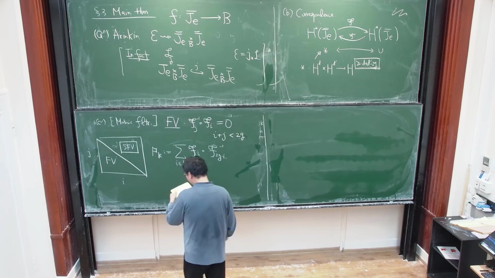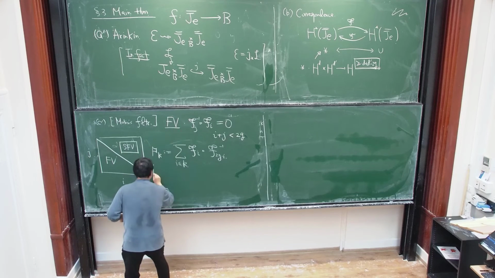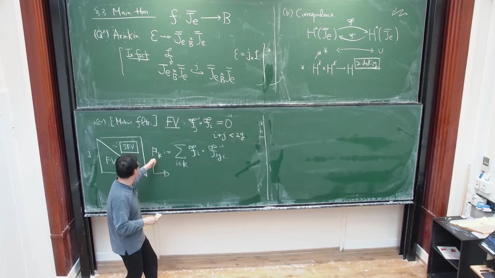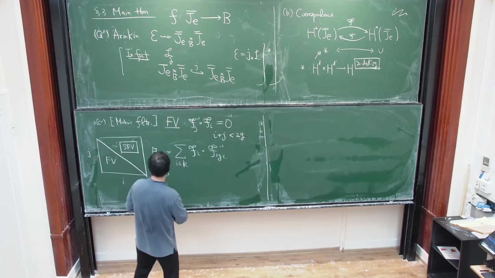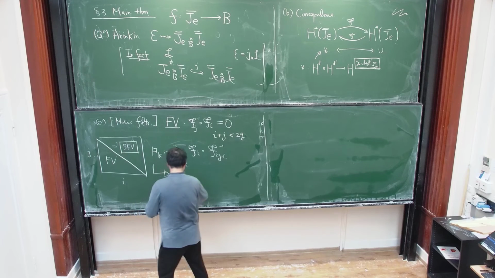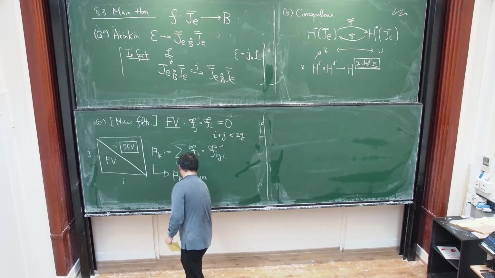So this Fourier vanishing tells us that if, instead of asking for a decomposition, we ask for a filtration, then we have it. So this pk induces a filtration.